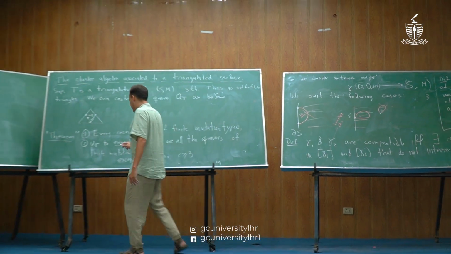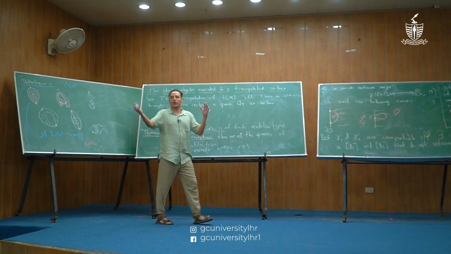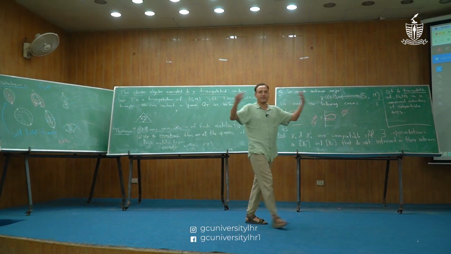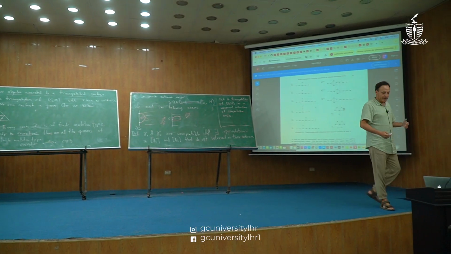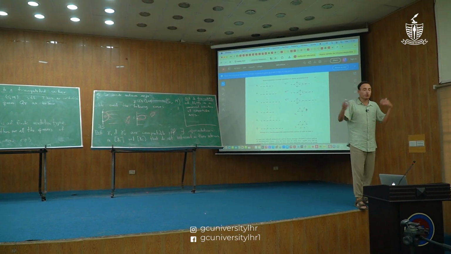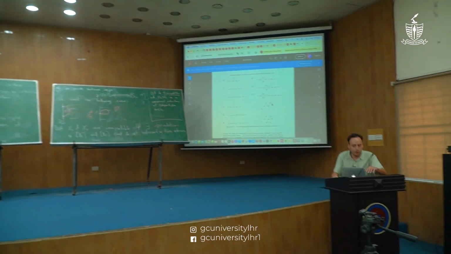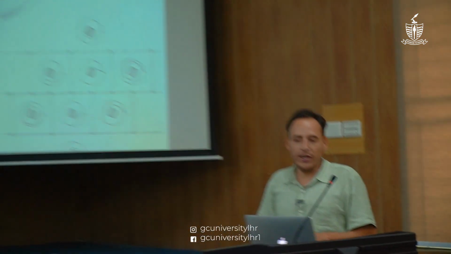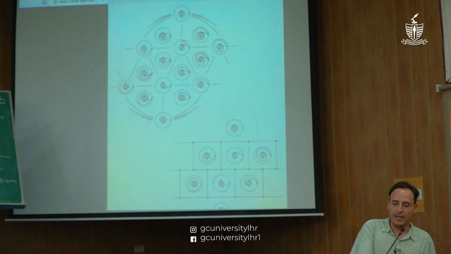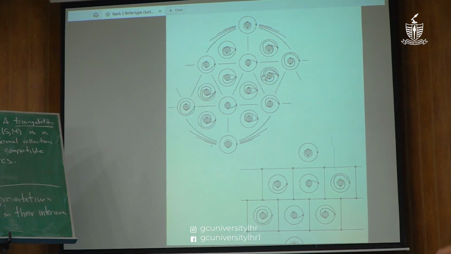And I just want to finish by saying, maybe point 3, that there's a dictionary between arcs and cluster variables, triangulations and seeds, and mutations and flips. So just to finish the lecture, let me show you this. Here I'm representing my surface as an annulus or a cylinder.